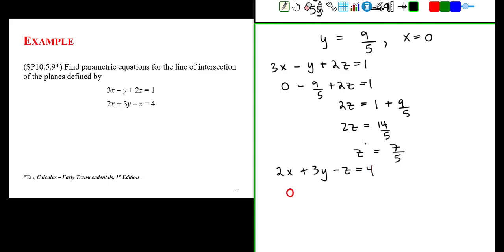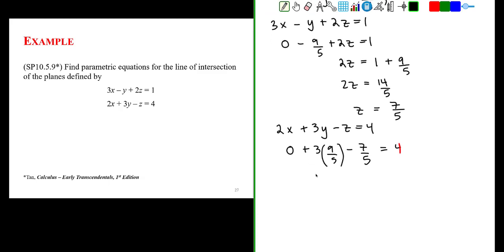Plugging x equals 0 in, y equals 9/5 in, and z equals 7/5 in, that should be equal to 4. Well, 3 times 9 is 27 divided by 5 minus 7 over 5 should be equal to 4. We get 20 over 5 equals 4. We get 4 equals 4. It checks.